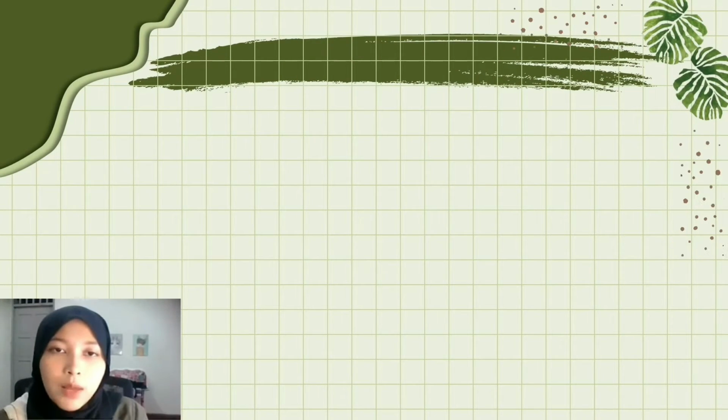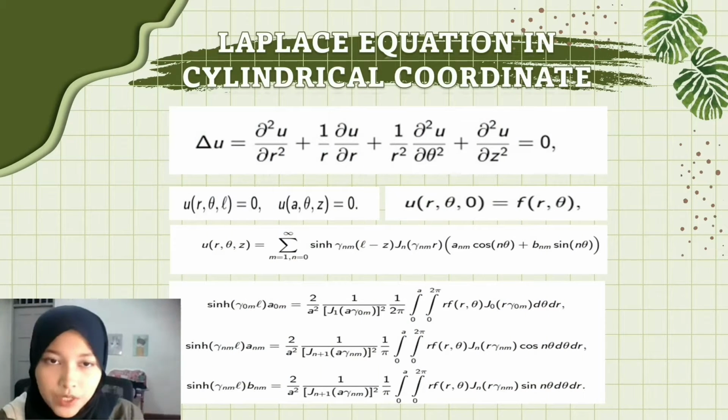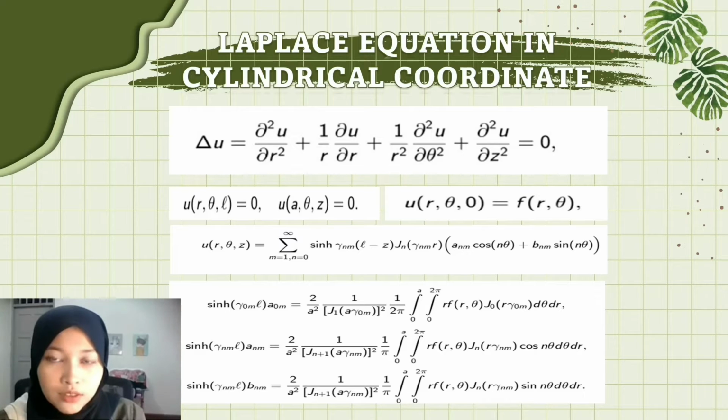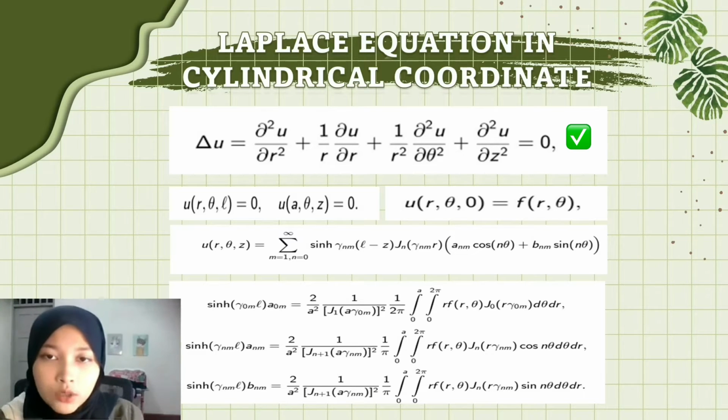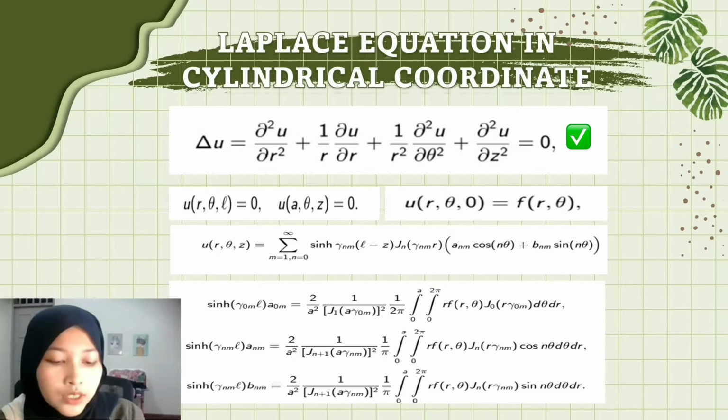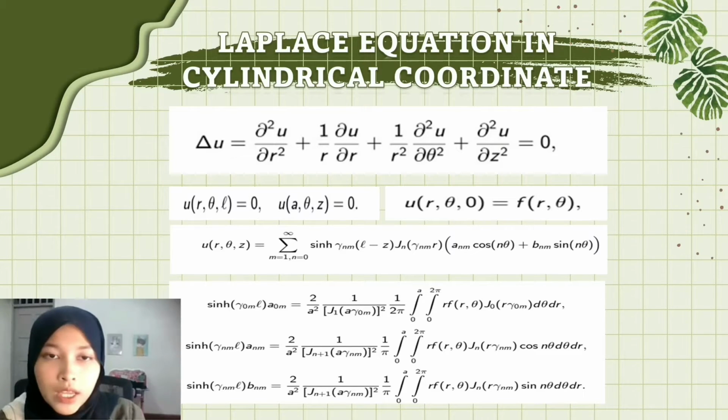Next is Laplace equation in cylindrical coordinate. The general equation for cylindrical coordinate is del square u over del r square plus 1 over r del u over del r plus 1 over r square del square u over del theta square plus del square u over del z square equal to 0. And the given initial and boundary condition.